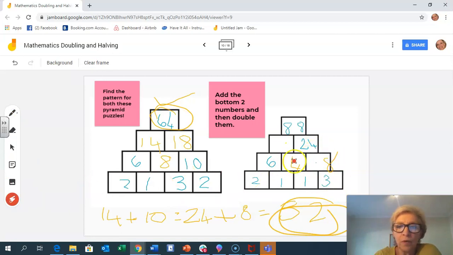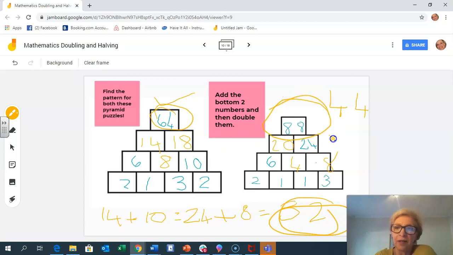Doubled is 24. 6 plus 4 is 10. Doubled is 20. And 20 plus 24 is 44. And 44 doubled is 88. Tick.